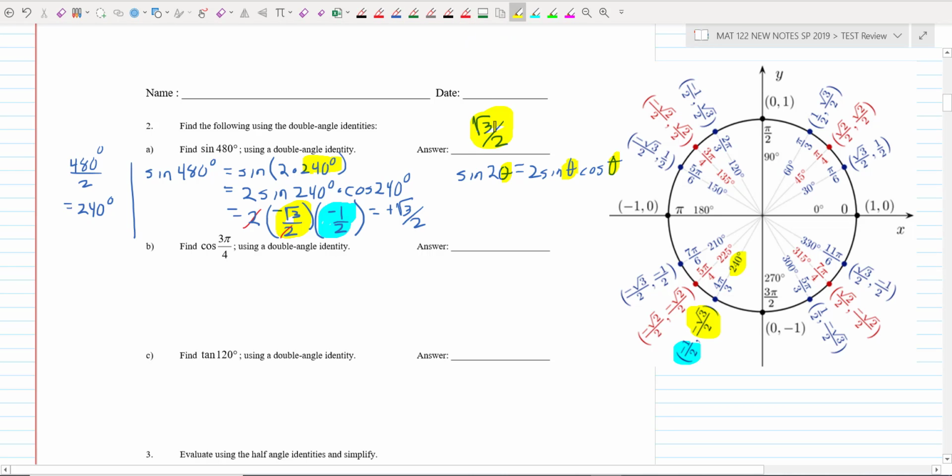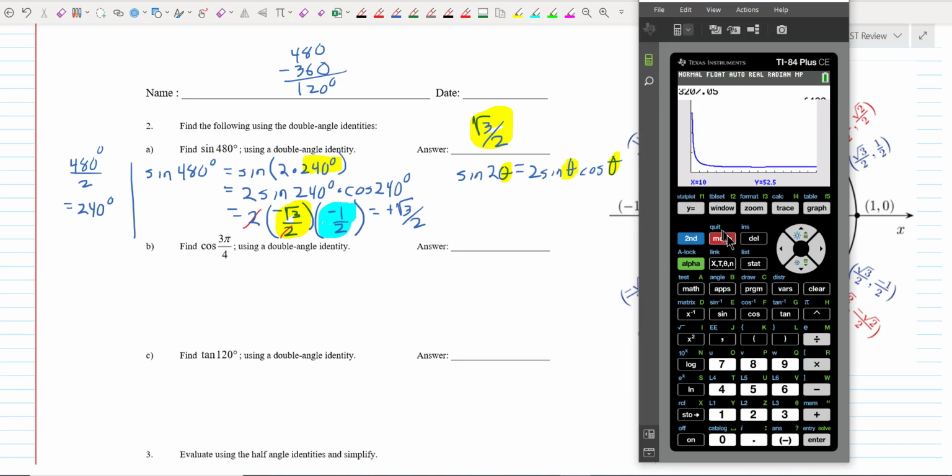You could also go to 480 and verify the answer. 480 minus 360 is 120 degrees. If you go to 120 and look up the sine, it's square root of 3 over 2. Obviously that's the easiest way to do the problem, but the point of this is to gain some experience and comfort with working with a double angle identity. You could even easily check the answer on a graphing calculator.